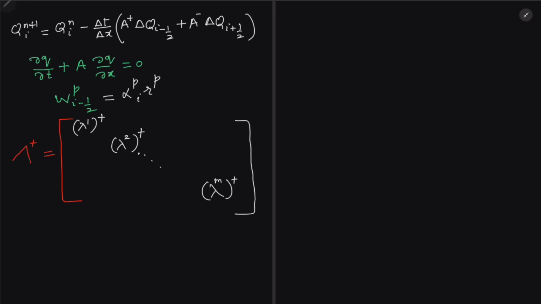And we also have lambda, or omega, with negative eigenvalues: lambda 1 is negative, lambda 2 is negative, and then lambda m is negative.